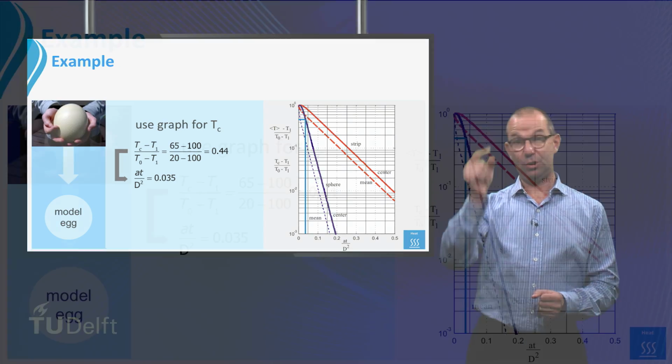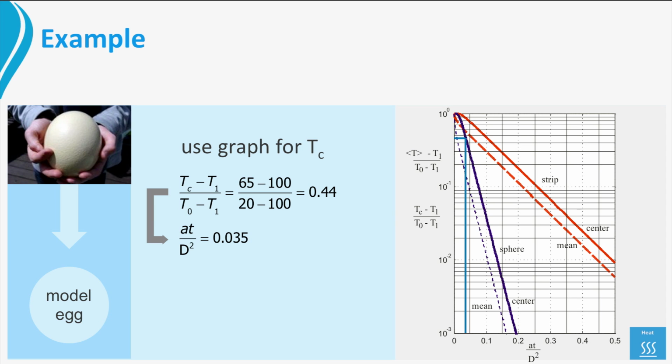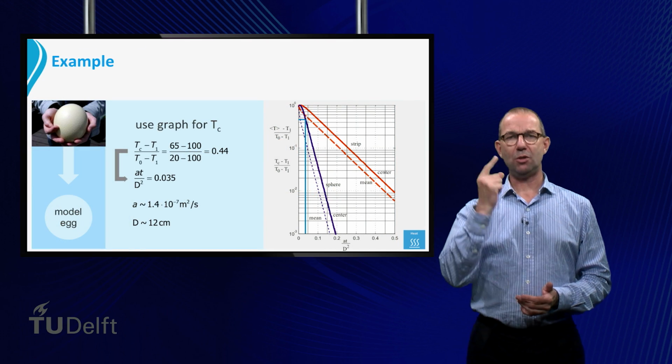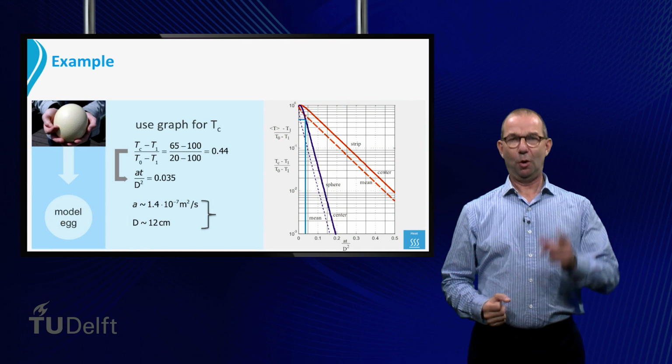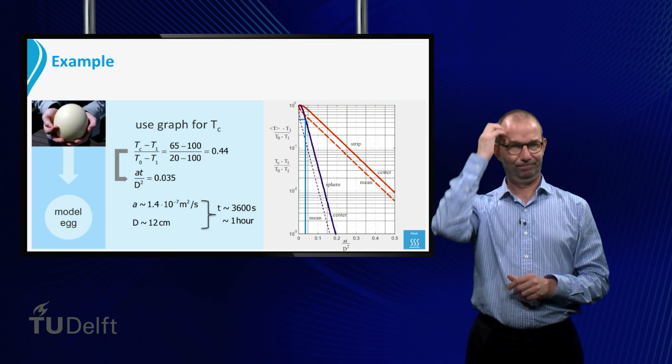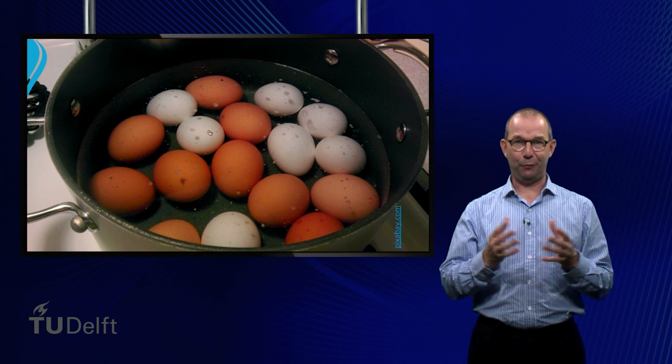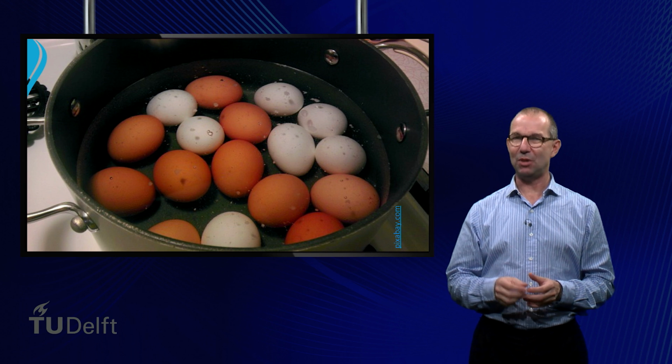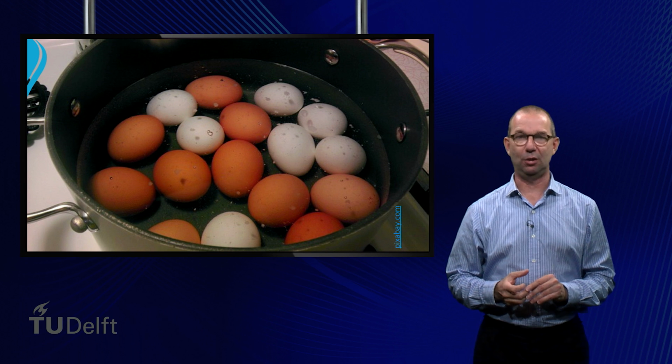From the line of the sphere, you find the dimensionless time, which is of course also the same, 0.035. The heat diffusivity is the same. All eggs are made of more or less the same material. Only the size is different. An ostrich egg is about 12 centimeters. Thus, now we find the cooking time 1 hour. Perhaps boiling a few chicken eggs at the same time is a quicker way to get sufficient food.